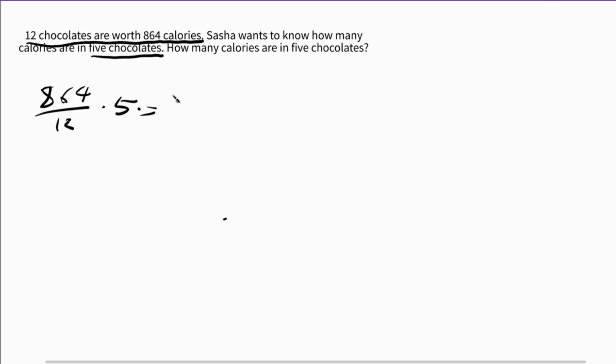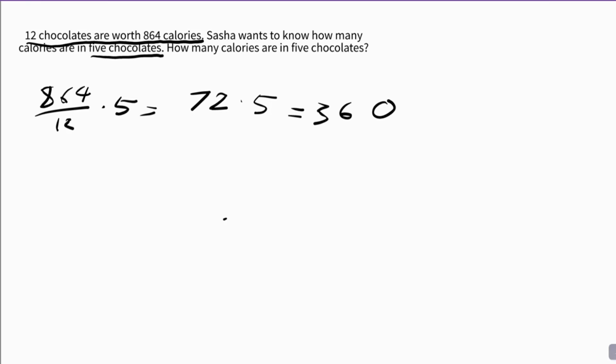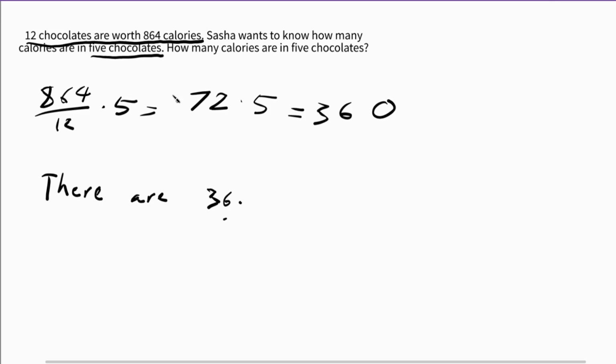Here we can find that 864 divided by 12 is actually 72, and then multiply that by 5, and then you are left with 360 calories. So there are 360 calories in 5 chocolates.